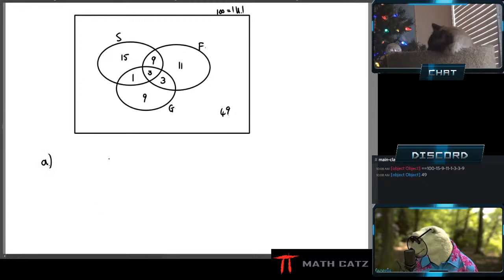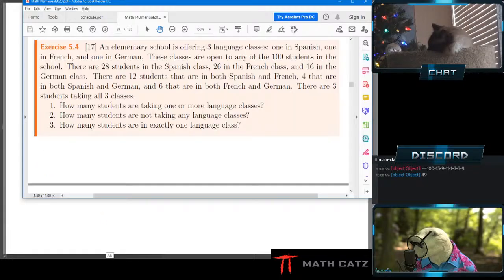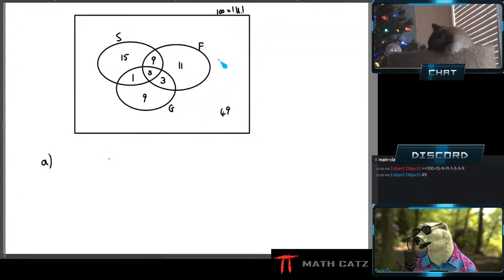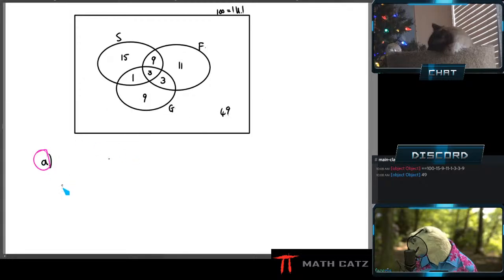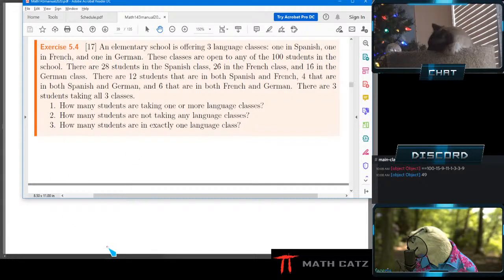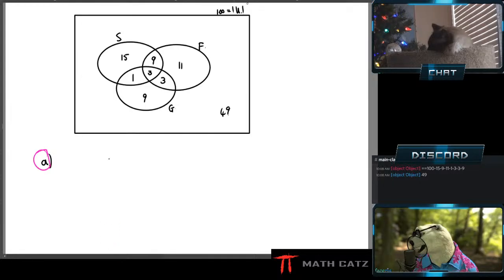Now they ask some stuff. How many students are taking one or more language classes? So now I don't want to really have too much color on here. Maybe we will maybe just put circles around the numbers. Maybe pink. How many students? One or more language classes.